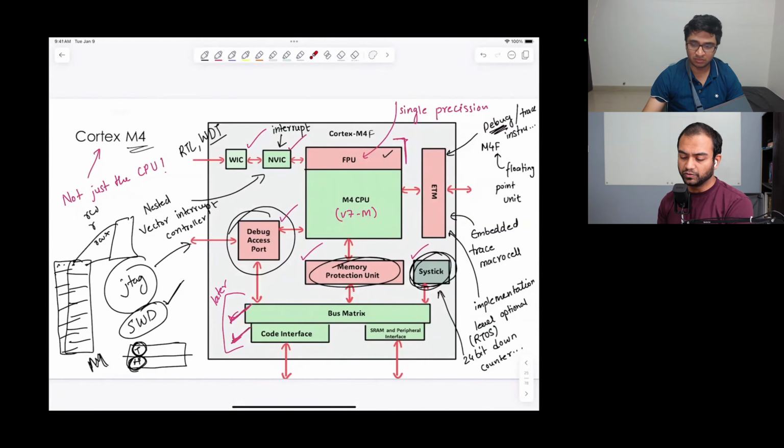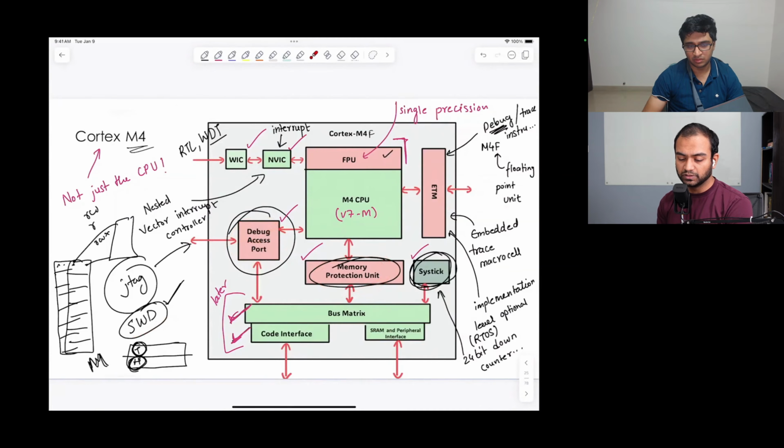I just want to reiterate what you mentioned. The M4 CPU is based on the V7M architecture, right? So FPU is optional. So is ETM, debug access port, and even MPU. MPU is optional. MPU is for setting access permissions and privileges. ETM is the embedded trace macrocell. Debug is the single wire debug interface, the ARM standard.